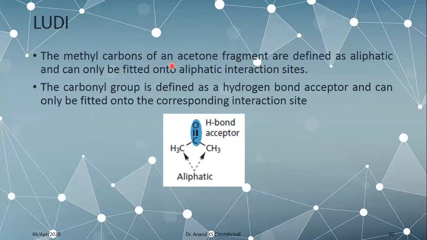Suppose the methyl carbons of the acetone fragment are identified as aliphatic and can only be fitted onto aliphatic interaction sites, and the carbonyl is defined as the hydrogen bond acceptor, and can only be fitted on the corresponding hydrogen bond donor site.